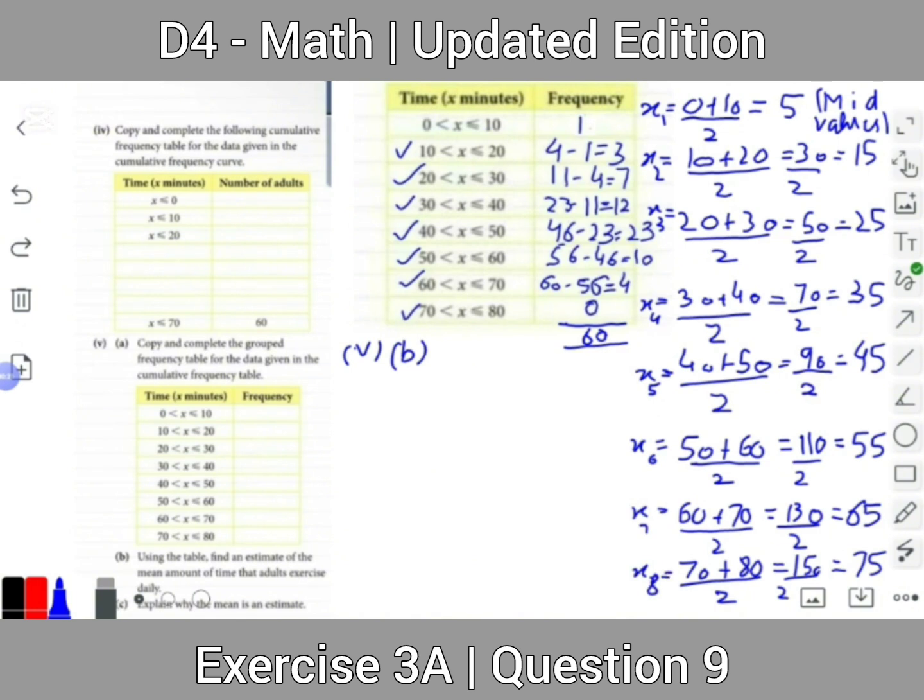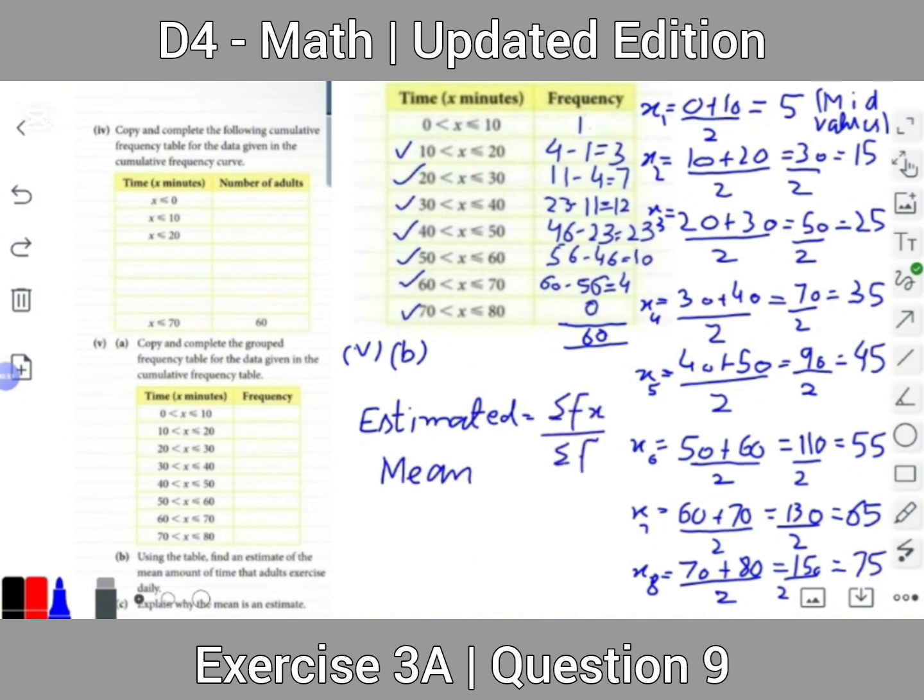And here we will use the formula for the estimated mean, and that is equal to summation fx divided by summation of f.